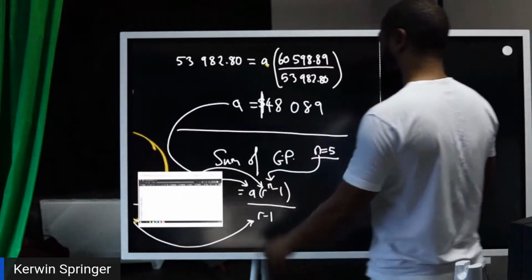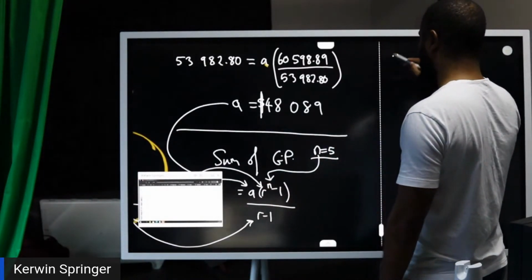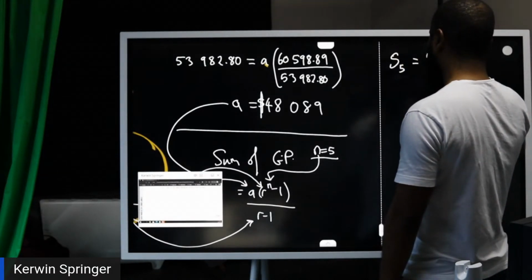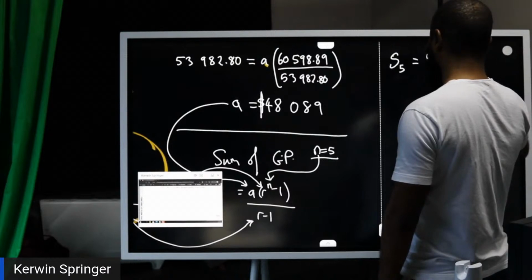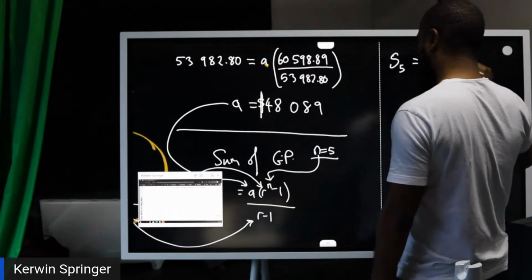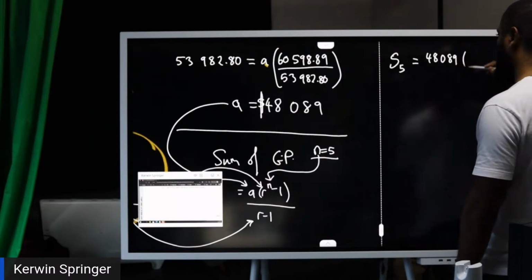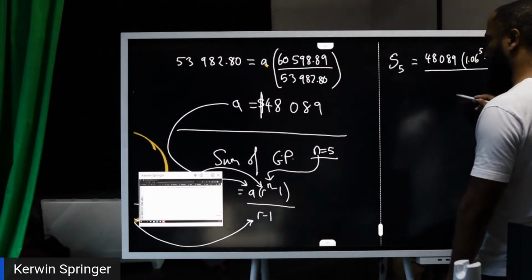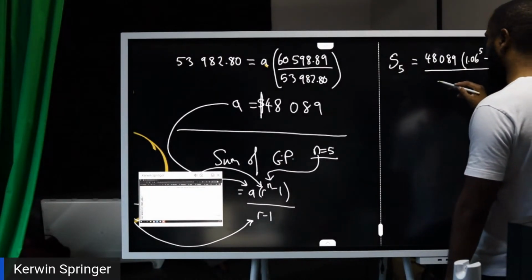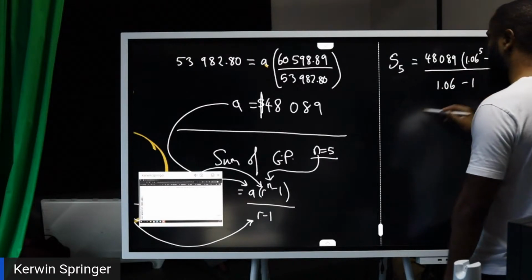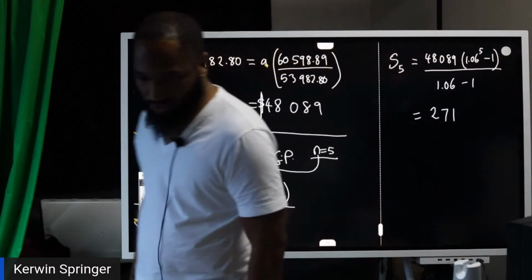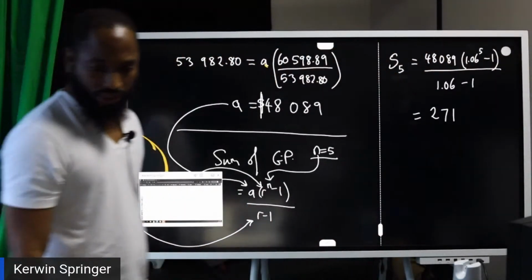The sum after the fifth year, SN, is going to be 48,089, that's A, times 1.06 to the power of 5 minus 1, divided by 1.06 minus 1, and this is 271,082.16.